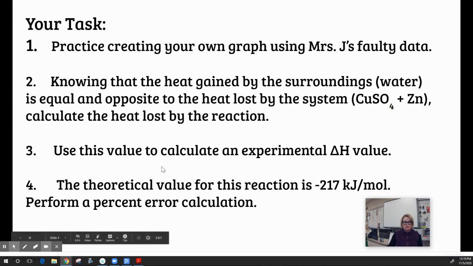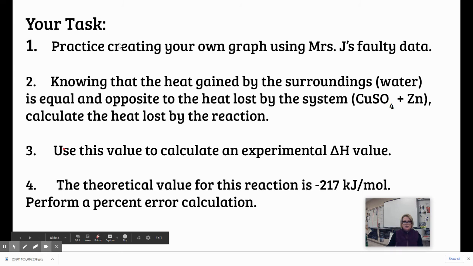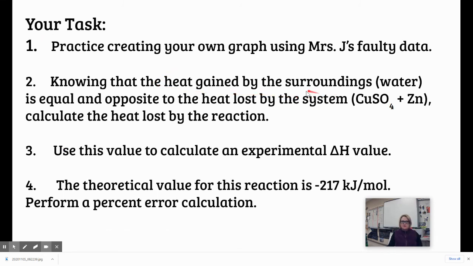You're also going to know that the heat gained by the surroundings, the water, is equal and opposite to the heat lost by the system. So then you're going to calculate the heat lost by the reaction using q = mcΔT. You're going to use this value in order to come up with the enthalpy of reaction for the reaction of copper sulfate plus zinc. This is going to be a limiting reactant type problem.